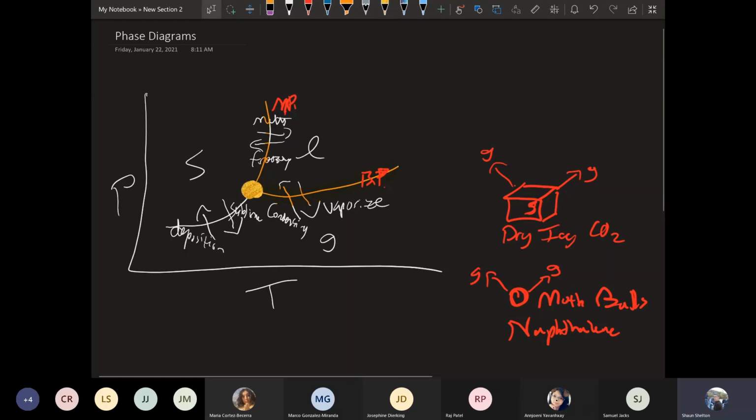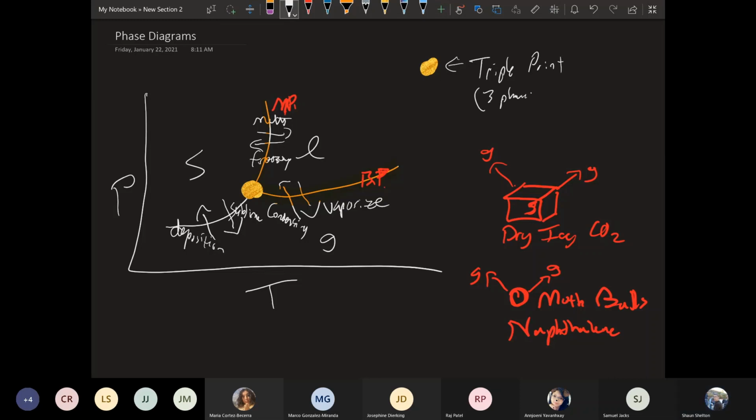That midpoint is called a triple point. A triple point is when you have three phases intersecting or coming together.